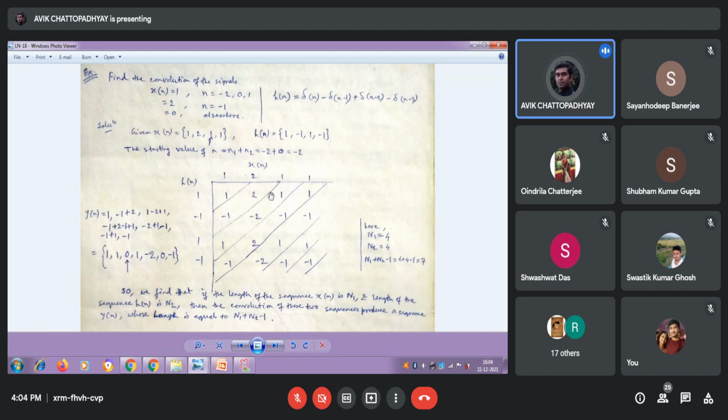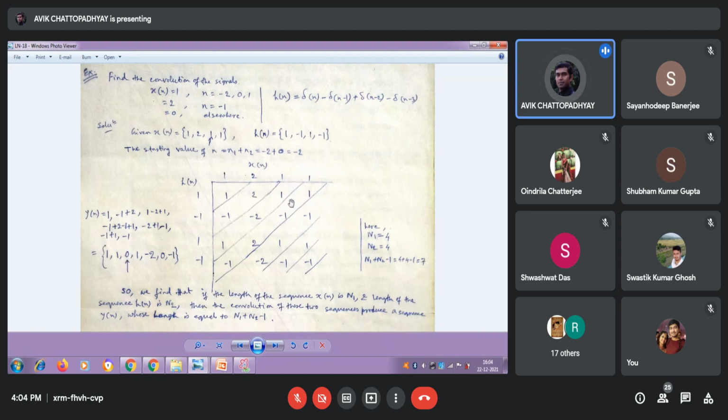These two pivot elements interact at this point, producing the result here. You just follow the diagonal through which these two pivot elements interact, and add the other elements located on that diagonal: 1 plus 1 minus 2. This result corresponds to the 0th position of yn. If you know the 0th position, the rest of the positions are known to you.